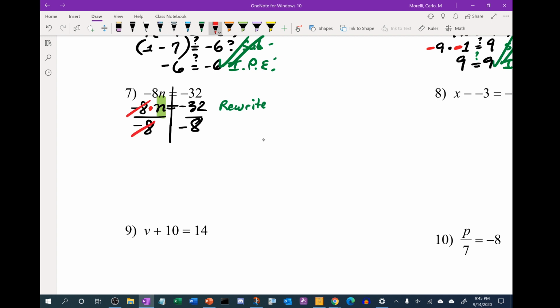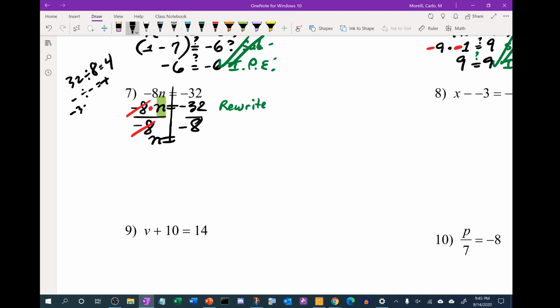Remember, you can do this, and that's the whole point. And now you've got n equals negative 32 divided by negative 8. Well, guys, 32 divided by 8 equals 4. A negative divided by a negative is a positive.